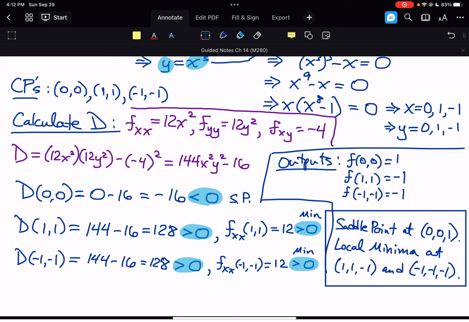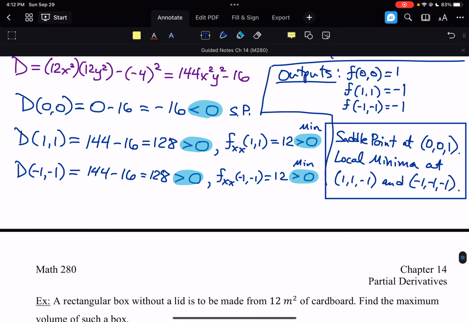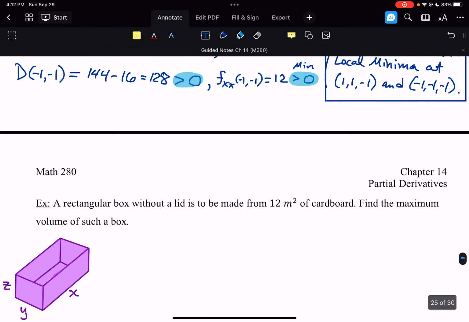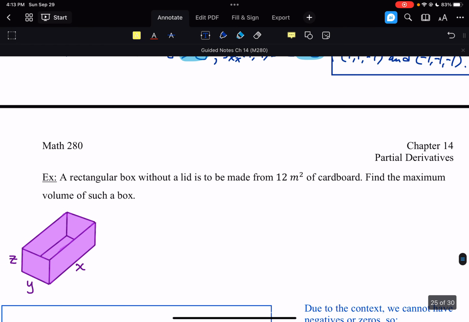All right, let's take a look at the next example. So we're going to throw a little bit of a contextual problem in here. A rectangular box without a lid is to be made from 12 square meters of cardboard. Find the maximum volume of such a box. So I have my box over here.